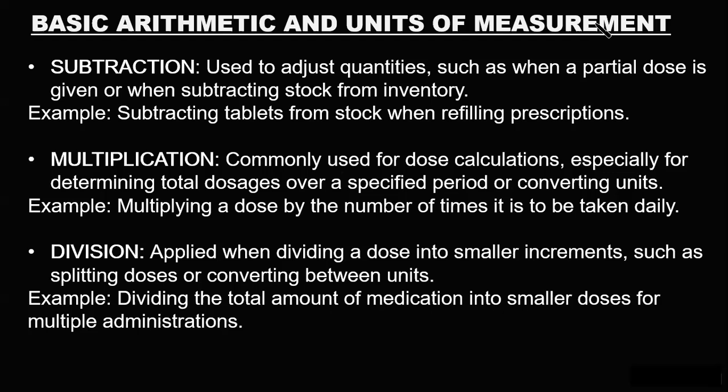The doctor prescribed only 250 mg out of that 1,000, and you need to figure out how many doses can be obtained from the tablet. How do you figure that out? Very simple. You divide the 1,000 by 250.